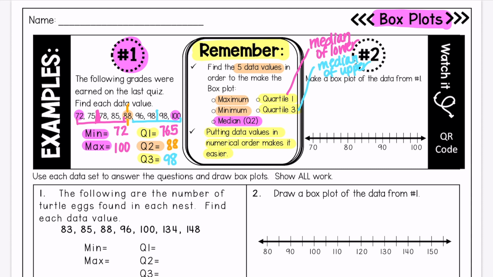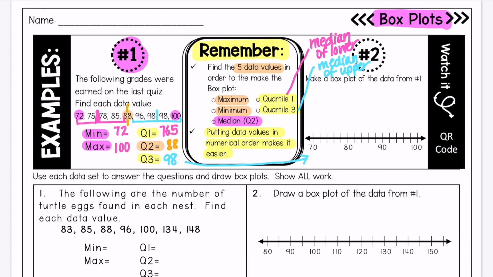Then you head on over to your number line over here, and you're going to plot those 5 pieces of information above the line. So I take 72. Let's see what they're counting by here. I have 5, 72, 4, 6, 8. So they're counting by 2s.